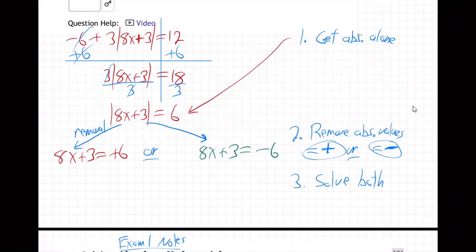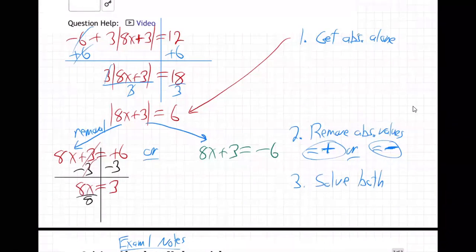All right, let's go over to the left one. Subtract 3 from both sides. And what do we get? Let's cancel. 8x is 3. There it is. X is 3/8. Let's do the other one.